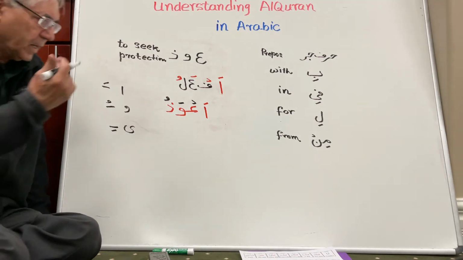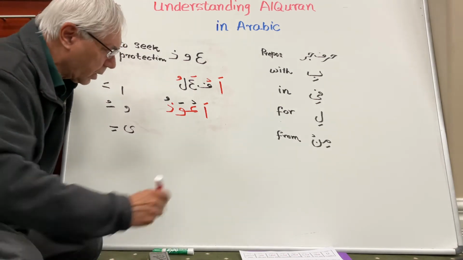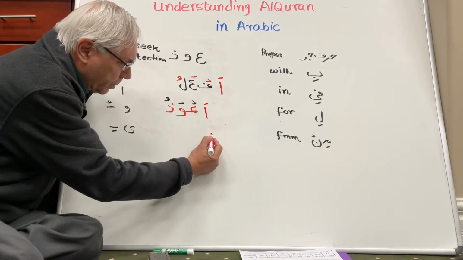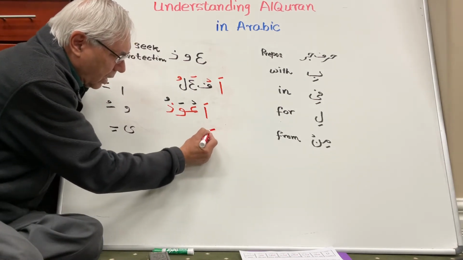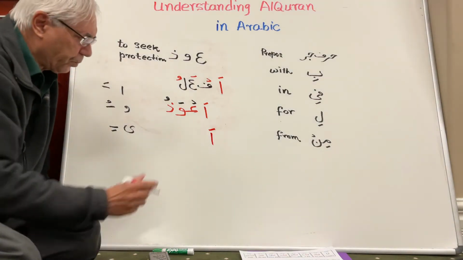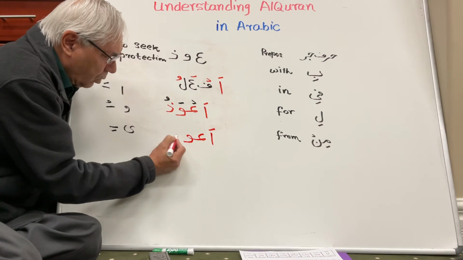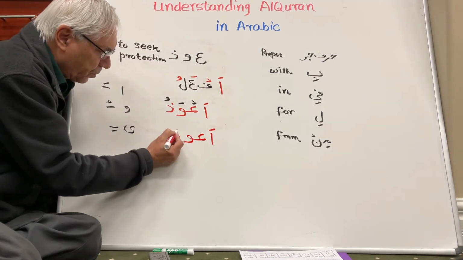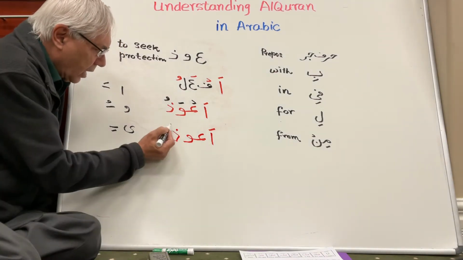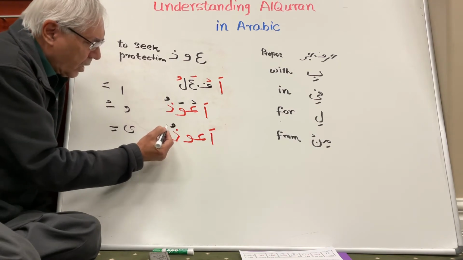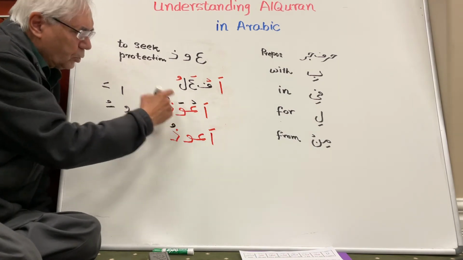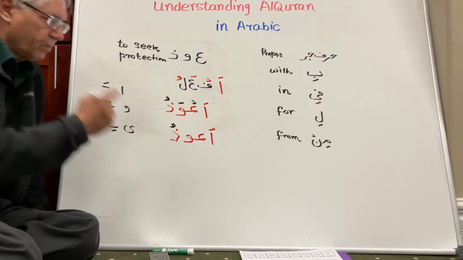So what they did, now look what I'm doing here. I'm going to keep this alif as it is. Then I'm going to take this ain, waw, and zal. Zal has pesh. I'm going to switch these two around with one modification.